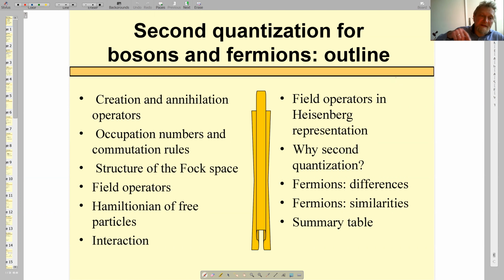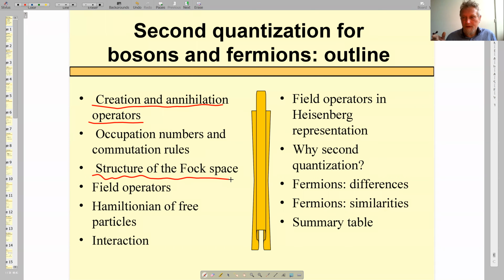It involves creation and annihilation operators. Most of the time I will talk about these creation and annihilation operators in different facets. I will tell you how to navigate in Fock space with the help of these operators, how to reveal its structure.